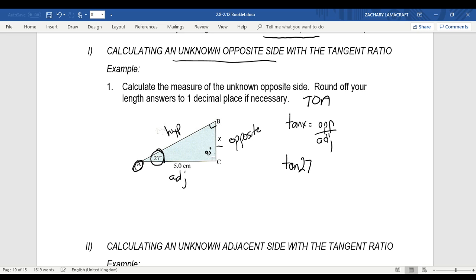So it's going to be tan 27, because we've been given that angle. And then the opposite side, do we have a length for that? No. What's in its place? X over, what's the adjacent side? 5.0, okay?